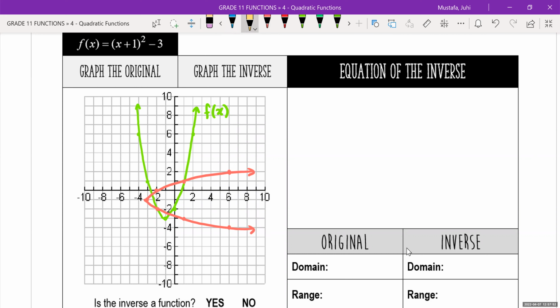And then make sure you draw in your y is equal to x line, just so that you can see what it is reflecting upon.